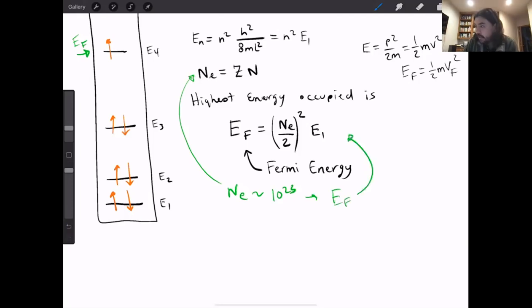And for a metal, this Fermi velocity, which is given by 1/2 mv squared, when you convert it, gives you around 2 times 10 to the 6 meters per second, which is 1% of the speed of light.